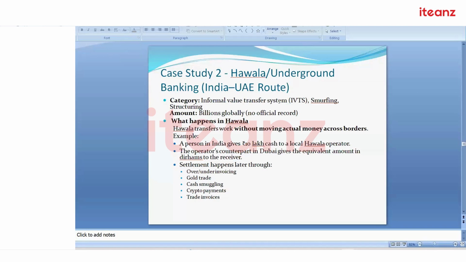They will not give you 10 lakh rupees when you go to the counter. They will give you a paper note, or some chit, and they will say, take this chit, go to that place, and that person will give you the money. When you go to that place and give the chit, they will not ask for your PAN or identity proof.